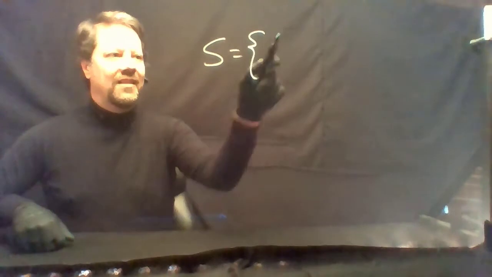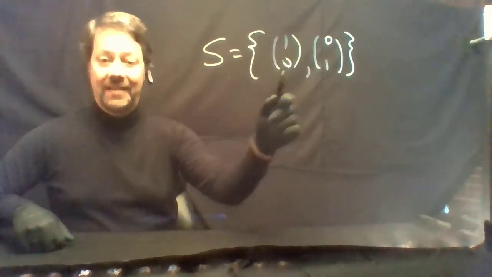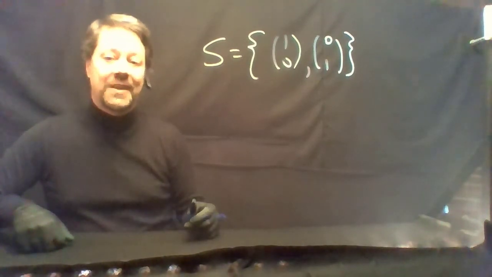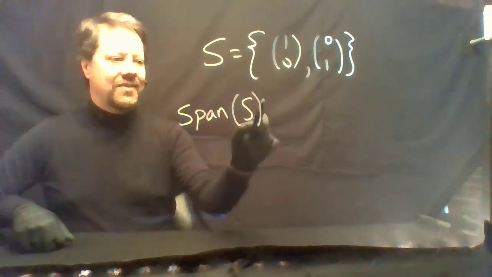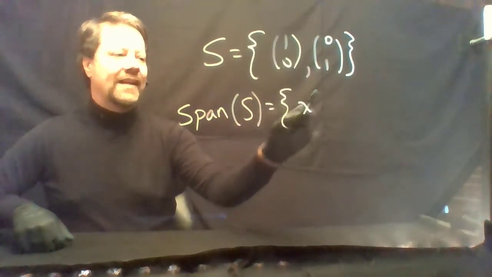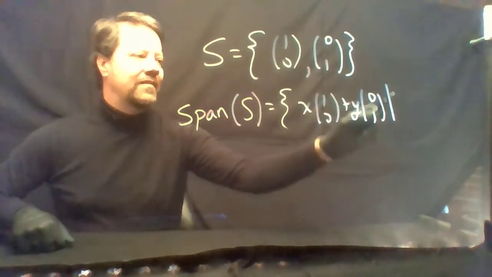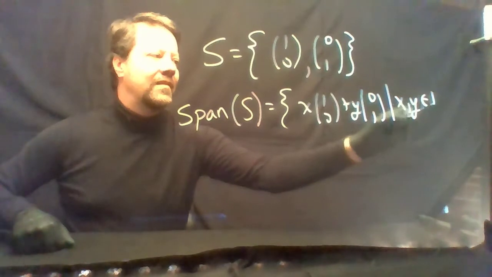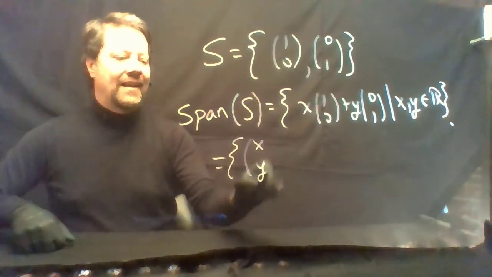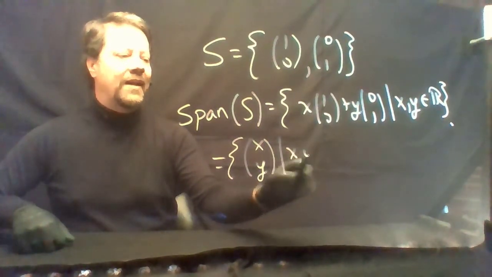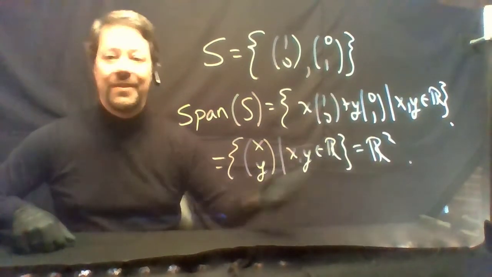If S is {(1, 0), (0, 1)}, e1 and e2 in the vector space R2, then the span of S is the set of things of the form x times (1, 0) plus y times (0, 1). But that's just the set of all (x, y), such that x and y are real, and that's exactly equal to all of R2.